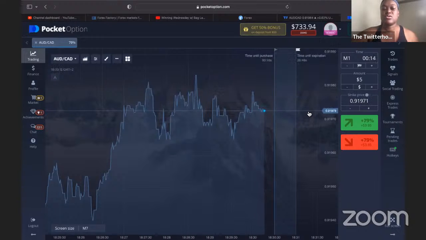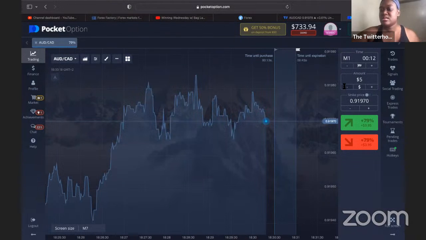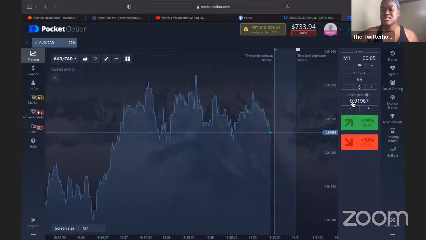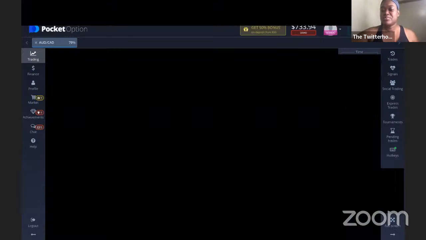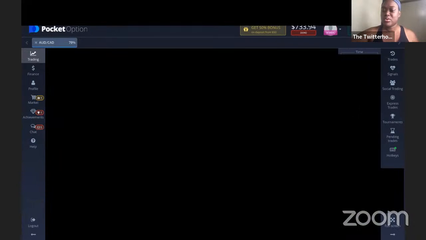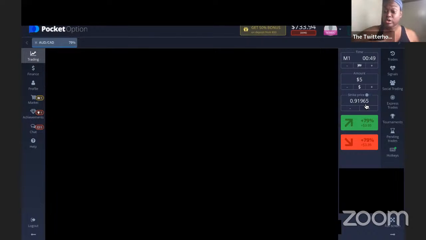And so currency pair, the time, the strike price. So if I think price is gonna go up, I would be giving out a price, but I wouldn't go the whole 0.91966. I would just call out the last 3 numbers. And if price is going up, then it would be whatever the 3 numbers is that I called out or lower.